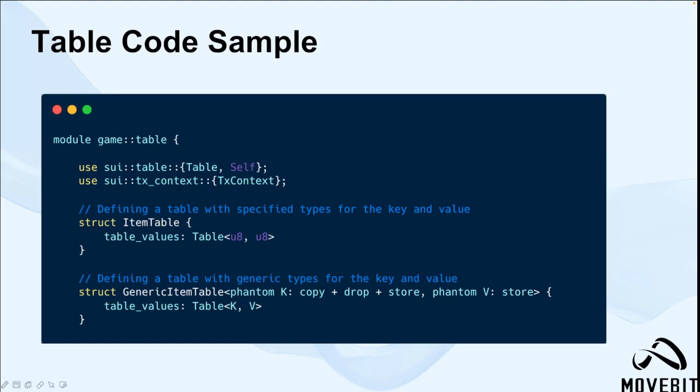This structure defines a generic table called the generic item table, with generic types for the key and value. The phantom keyword indicates that the types K and V are only used for compile time type checking and do not consume any memory at runtime. The copy, drop, and store abilities specify the requirements for the types that can be used as keys and values in this table.